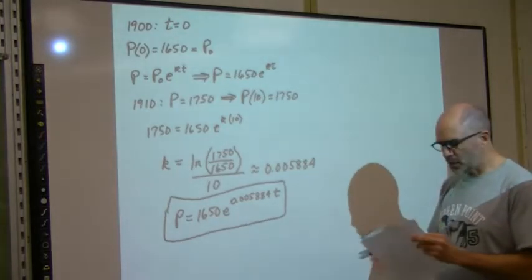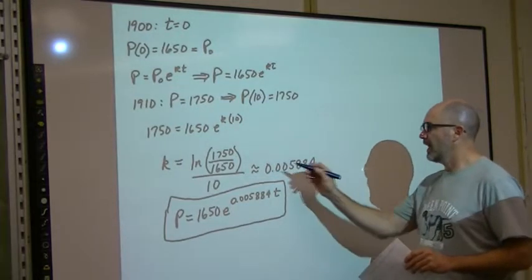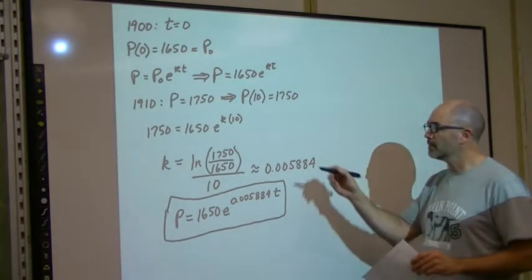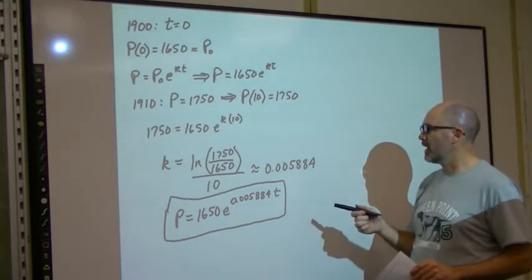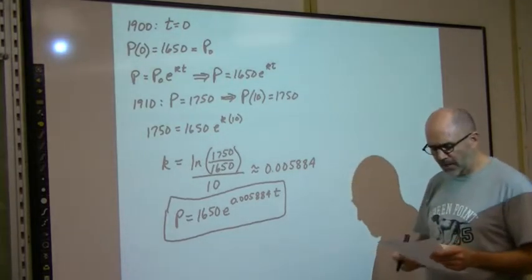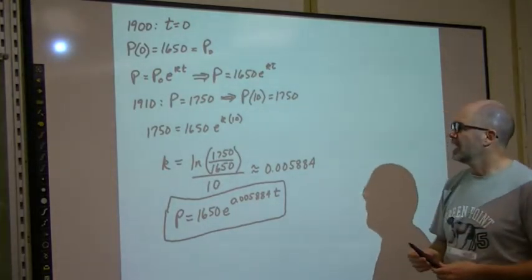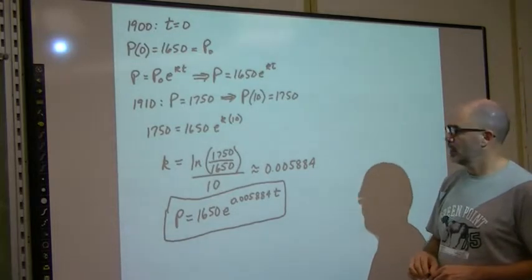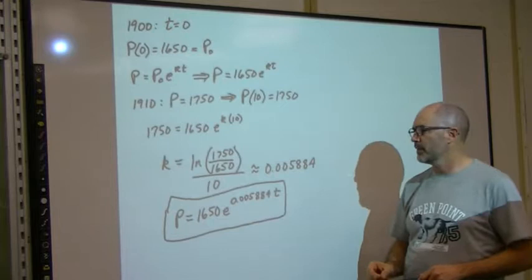So, first question is, what's the relative growth rate? Well, that's k. The relative growth rate is 0.005884. What is the population in 50 years? Well, you plug 50 in for t and crank it on out.